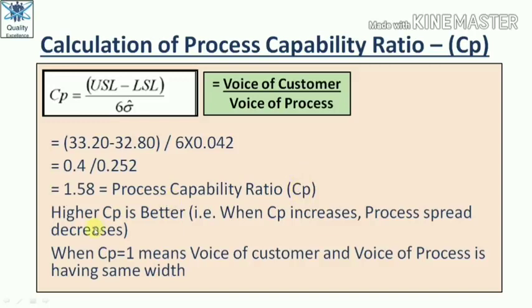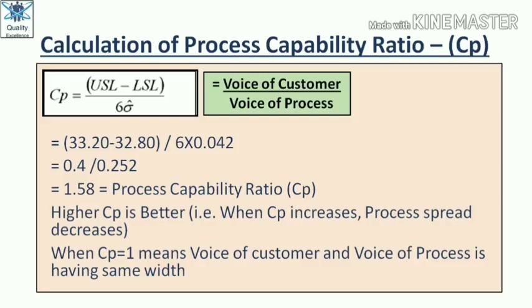And higher CP is better. If this figure is higher, that is better. When CP increases, process spread decreases, meaning the width of our process will decrease. So that is good. All the parts will be produced within the specification limits.